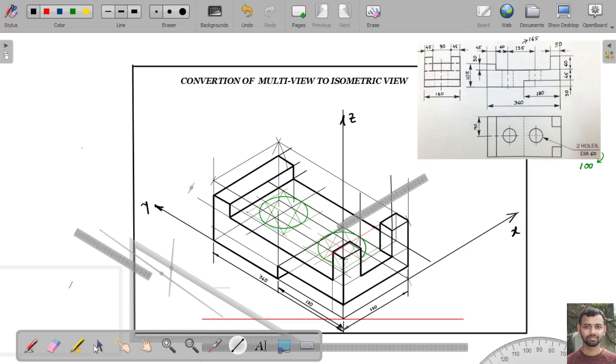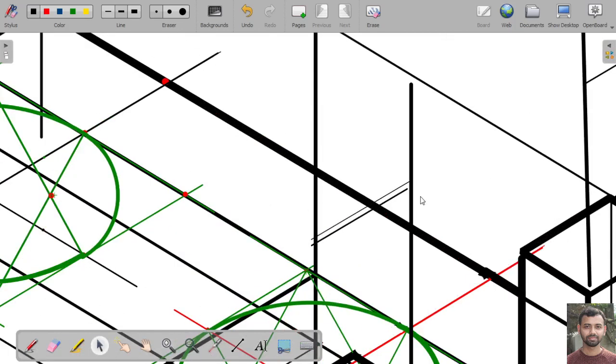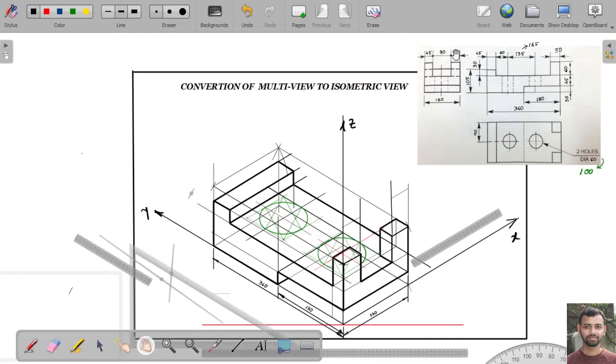Okay. Next is this distance is given as 90 mm. So this one is given as 90 mm.